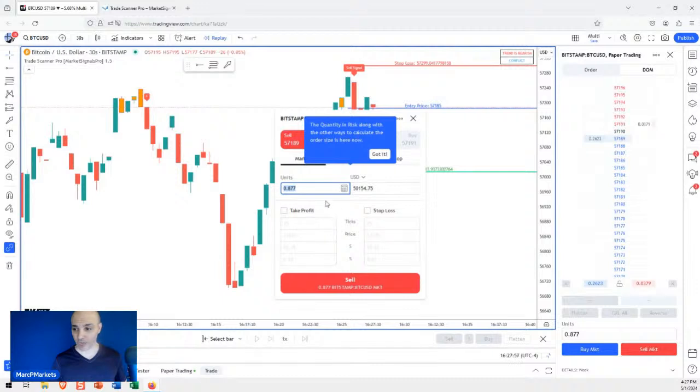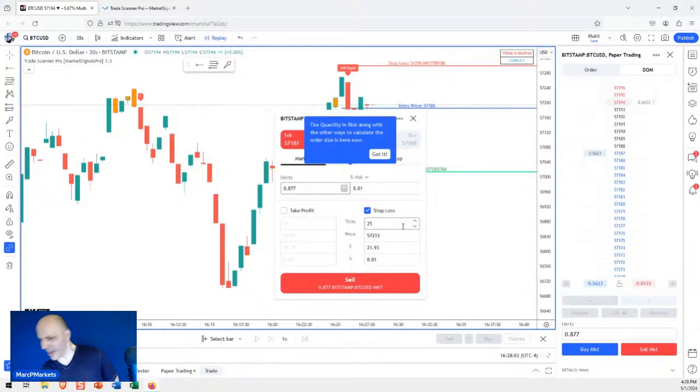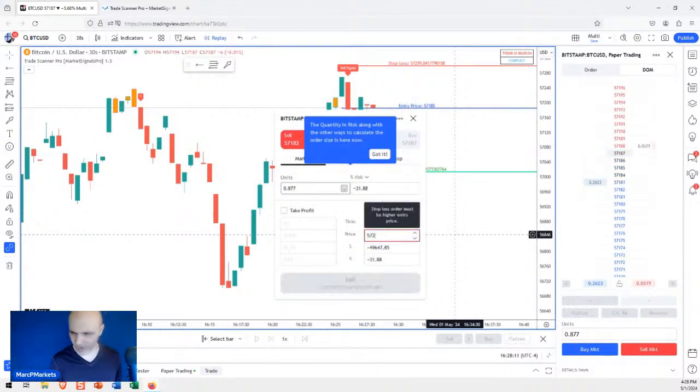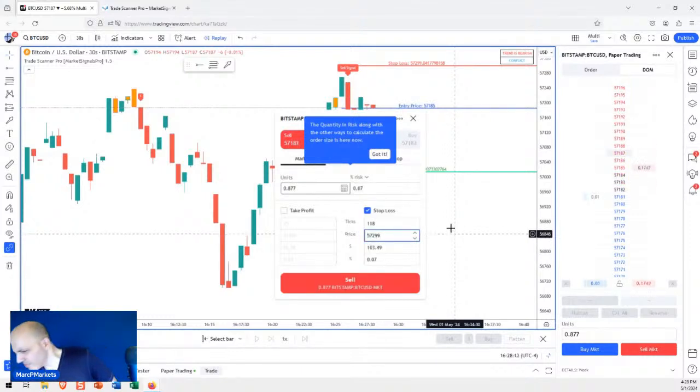Right? So I can actually set up all those orders right on this form over here. Right? Look, my stop loss, I can put those numbers in. Okay, 57,299. Right?